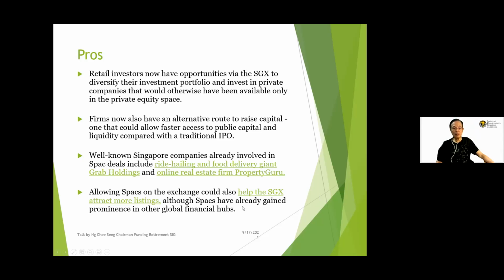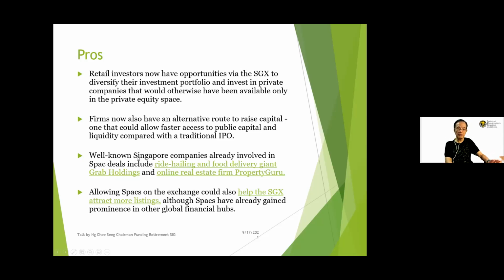Now, quite often, we use this as an example. Grab itself. Grab is already conducting a lot of businesses, and they are also working out the sums to check when is the right time to go for IPO.